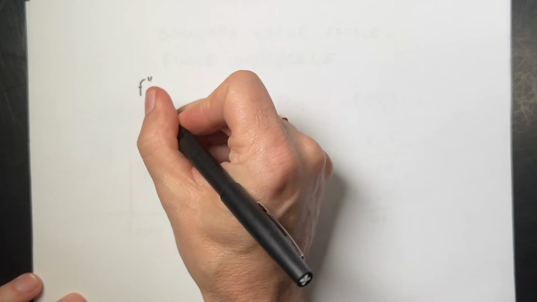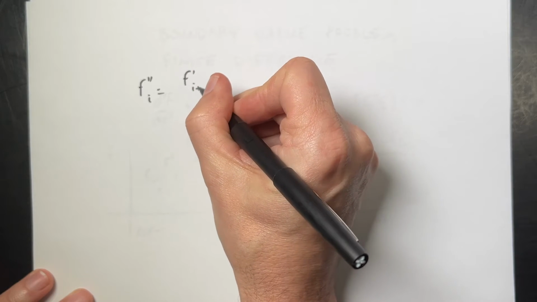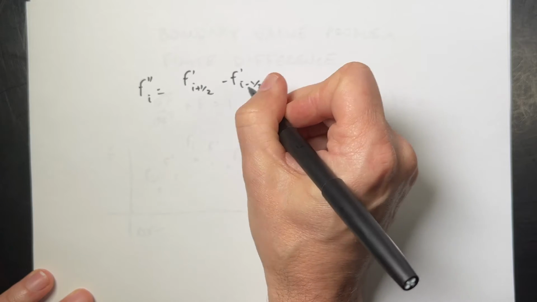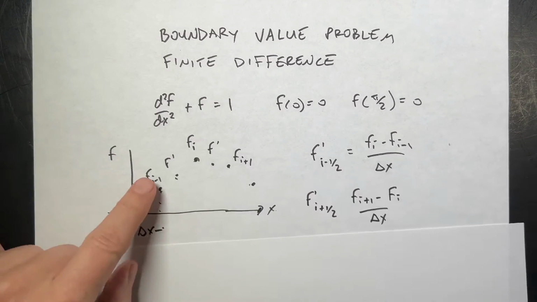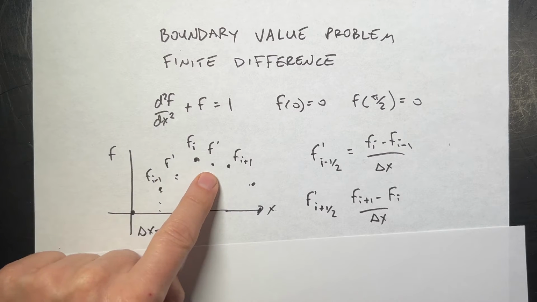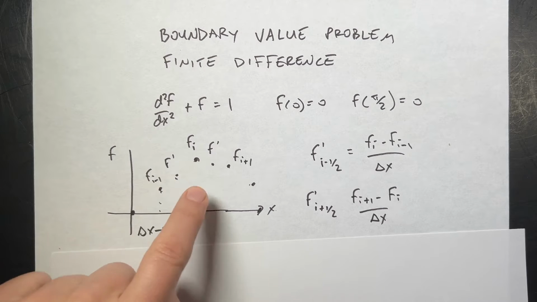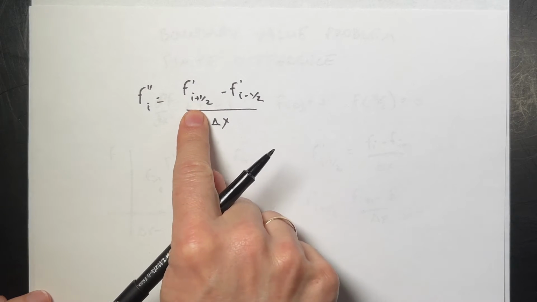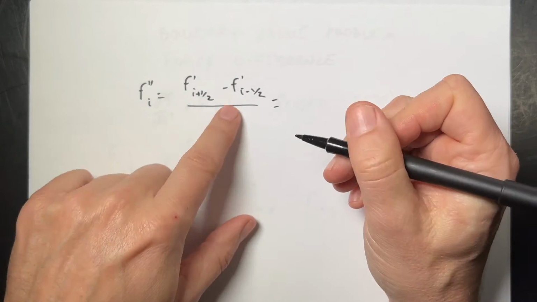F double prime at the point i is going to be f prime of i plus 1/2 minus f prime of i minus 1/2, over delta x, because the distance from here to there is delta x. So I'm dividing by delta x. It's this slope minus that slope divided by the change. Well, I can put in my expression for f prime of i plus 1/2 and that too.